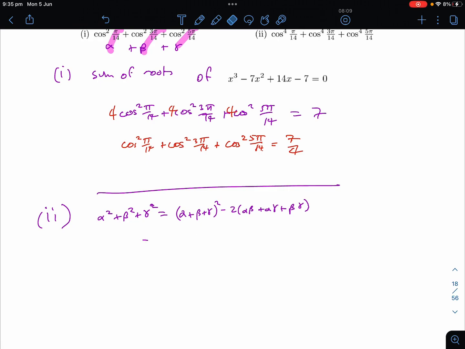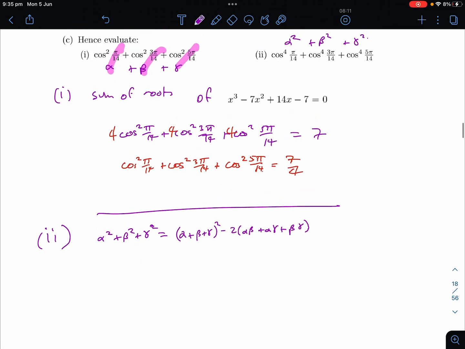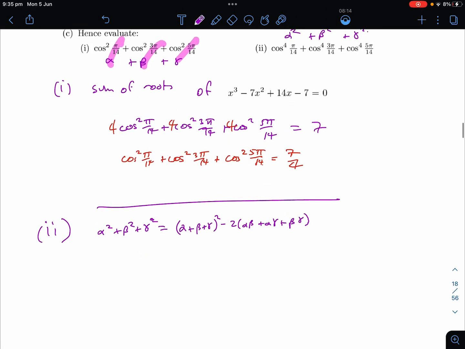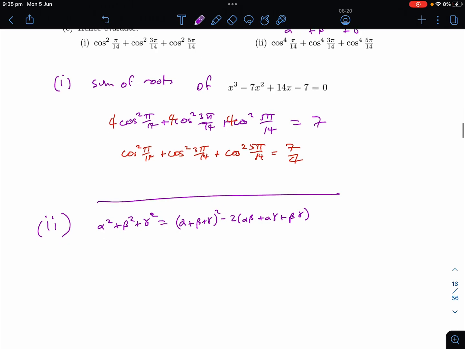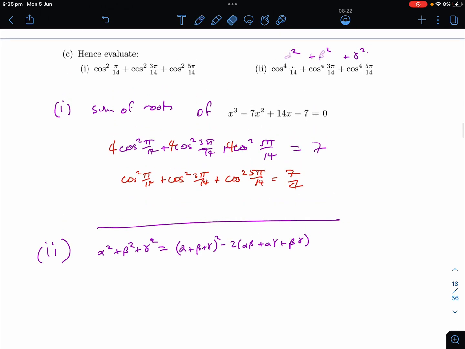Let's not go down that path, that's going to confuse you more. These are not what alpha, beta and gamma are at all, and these are not what alpha squared, beta squared, and gamma squared are.